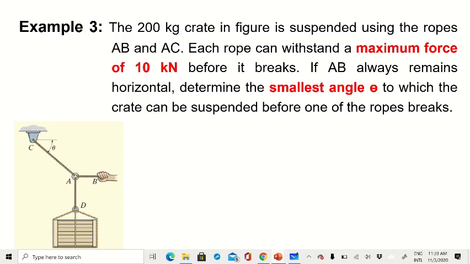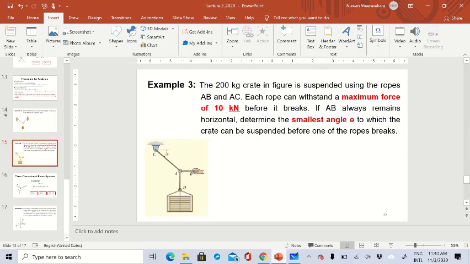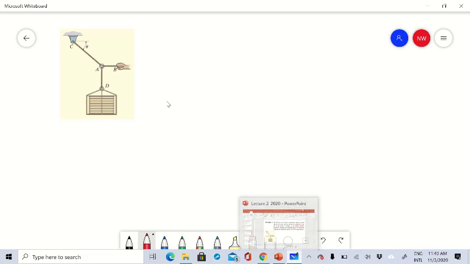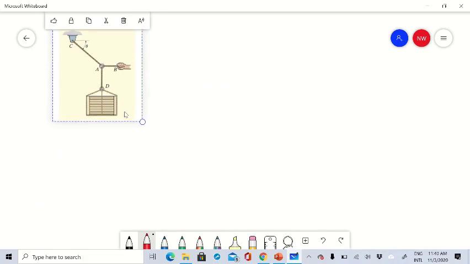So first, we'll start from this cable, right?